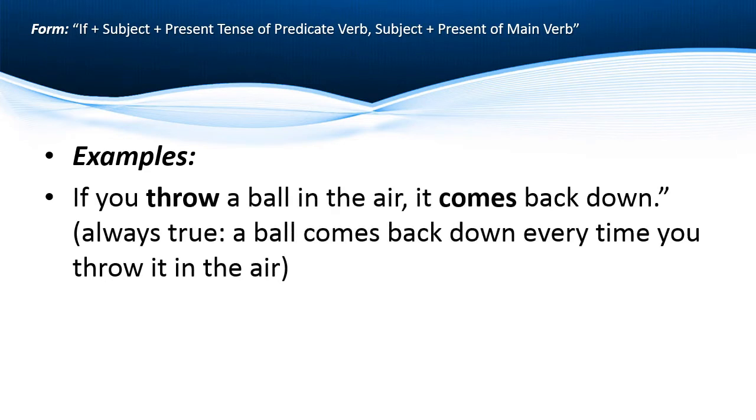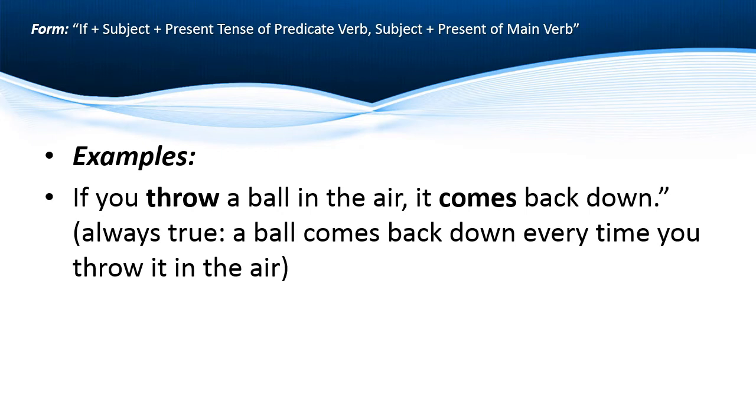If you throw a ball in the air, it comes back down. So if you throw a ball in the air, that is in present tense, and it comes back down is also in the present tense. This sentence is always true.